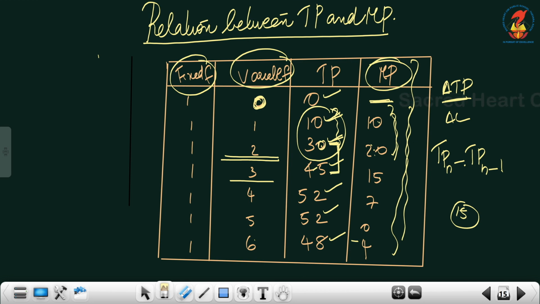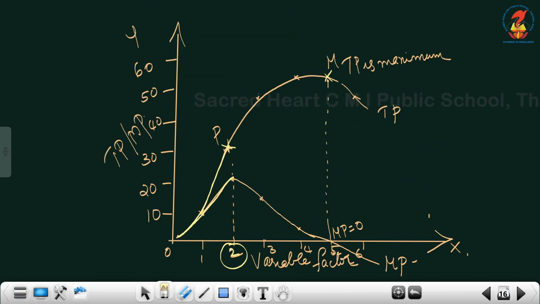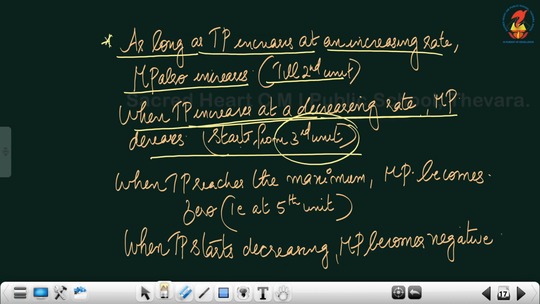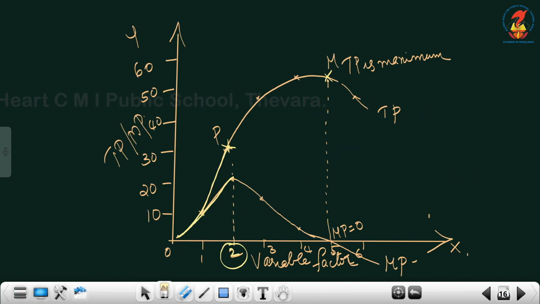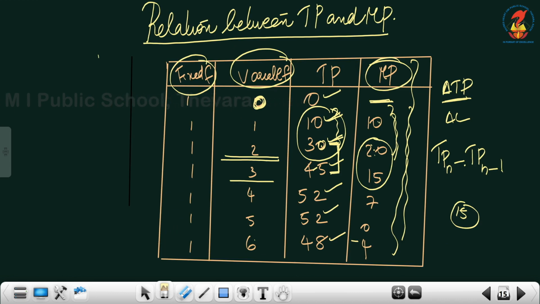Now, what happens to marginal productivity there? Marginal productivity starts declining. So, you can see that. Here when TP increases at a decreasing rate, MP starts decreasing. So, once again, when TP increases at a decreasing rate from 30 to 45, the difference is only 15, and marginal productivity starts falling.